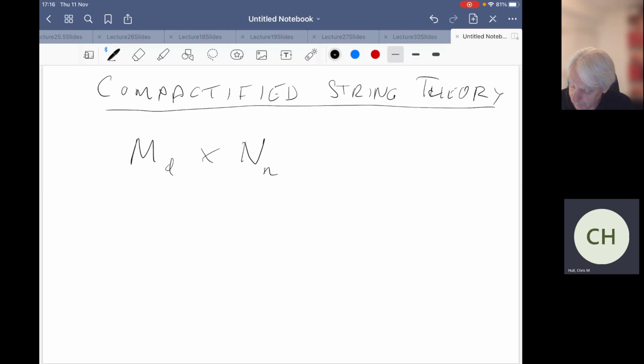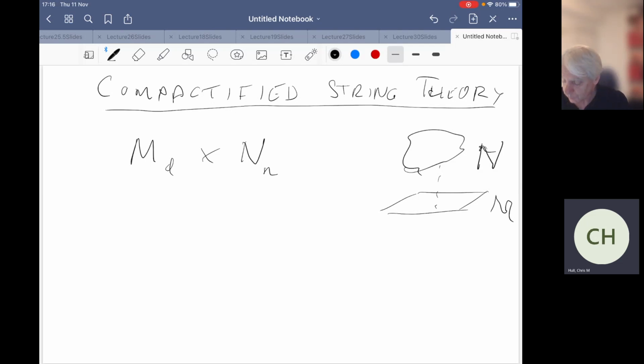So you're thinking about having some n-dimensional compact space and the product of this with a space-time M, so that, for example, we're talking about a 10-dimensional space, so that this M might be 4-dimensional Minkowski space and N might be a torus, or it might be a Calabi-Yau manifold or some other manifold.